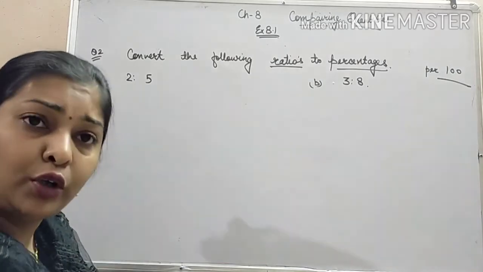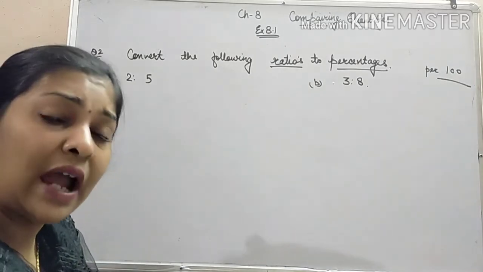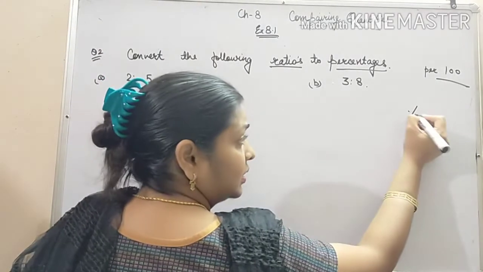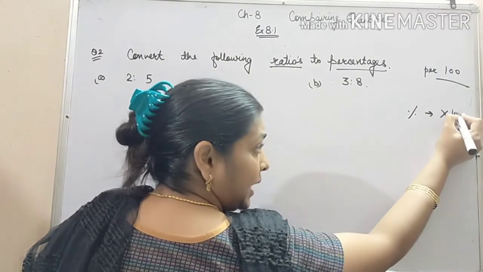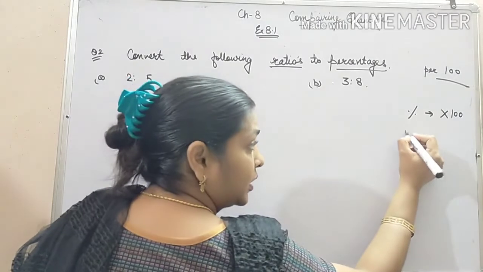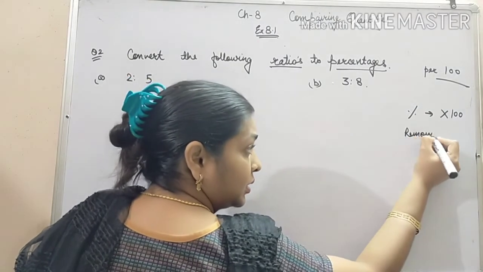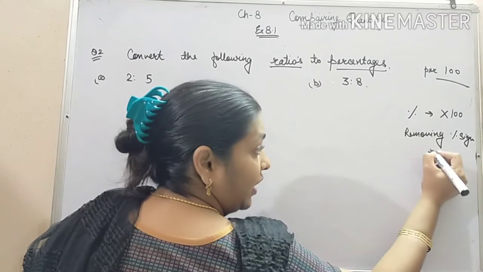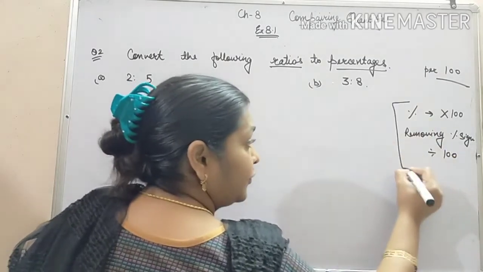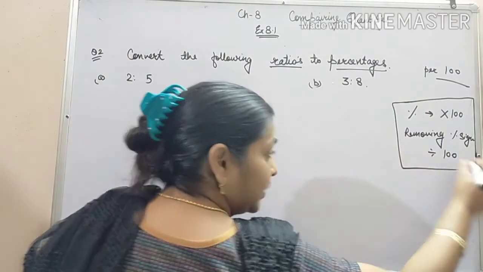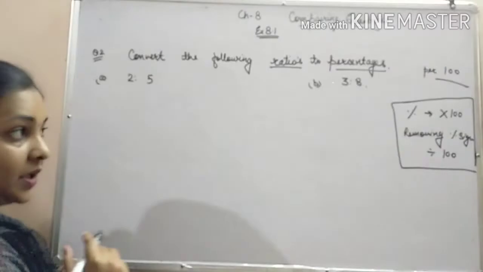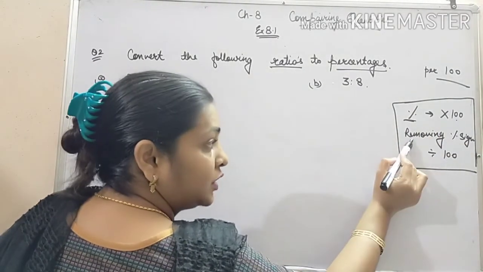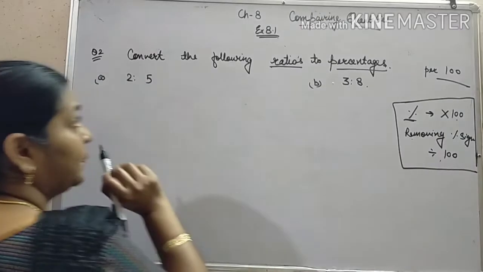And whenever you want to remove the percent sign, you have to divide by 100. If you can remember this, you will never commit a mistake.